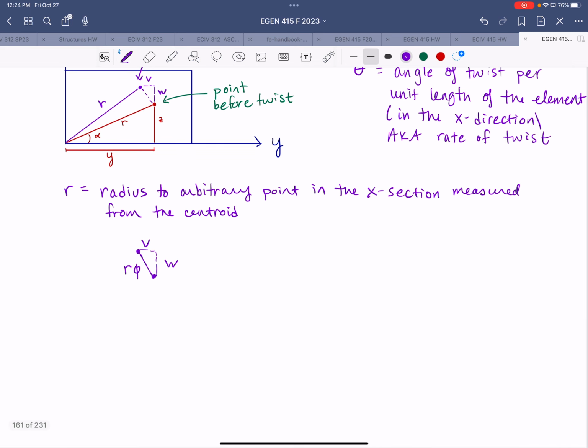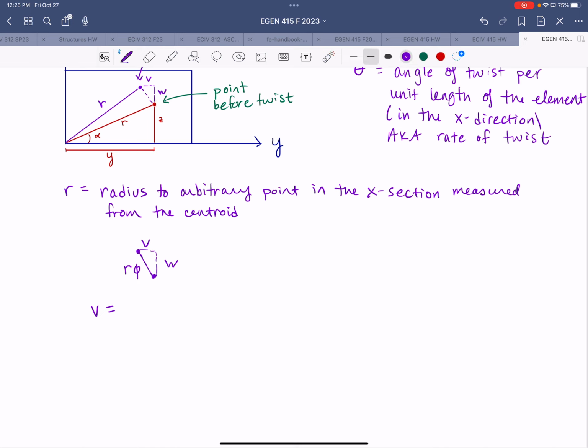So we can define V and W in terms of R and phi. This angle alpha is specifically to the original location of the point, and the variables Y and Z represent the coordinates of that point before twist.